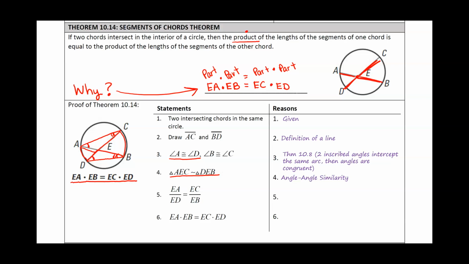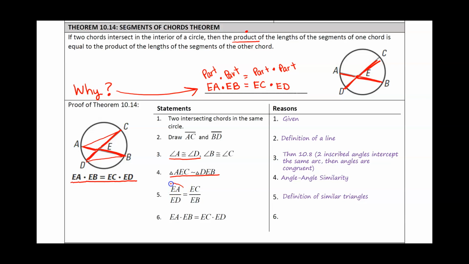If the triangles are similar, we have proportional parts. In this statement, it says EA, and remember we have triangles on the top and the bottom. We have EA, which is the small part of the first triangle, is proportionate to ED, the small part of the bottom triangle, just like the long part is proportional to EB. So it's just two similar triangles.